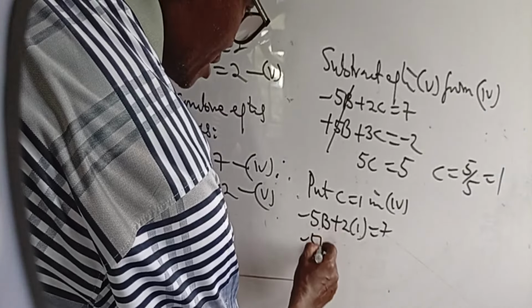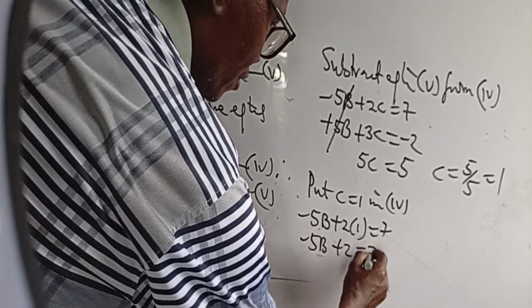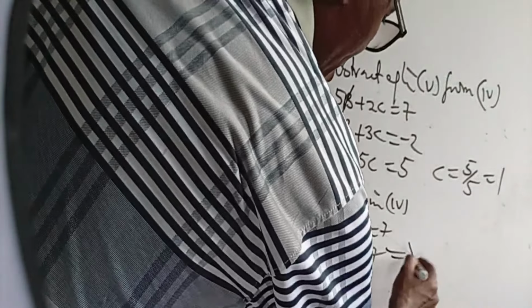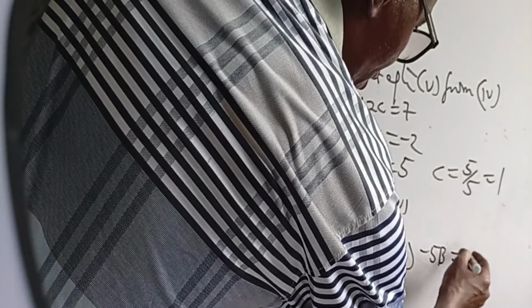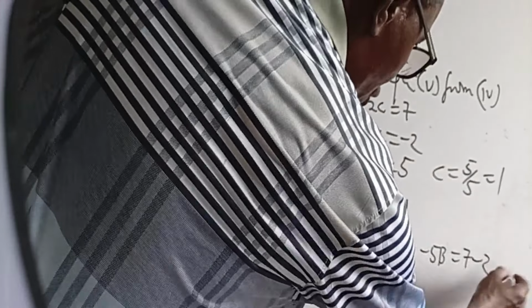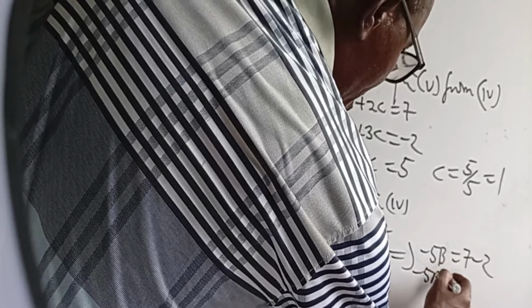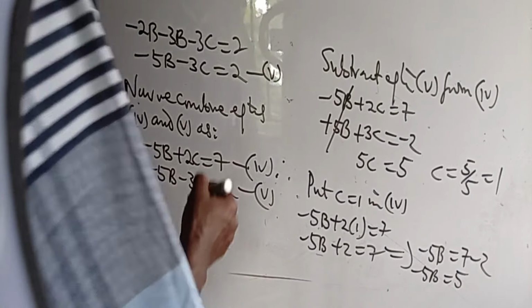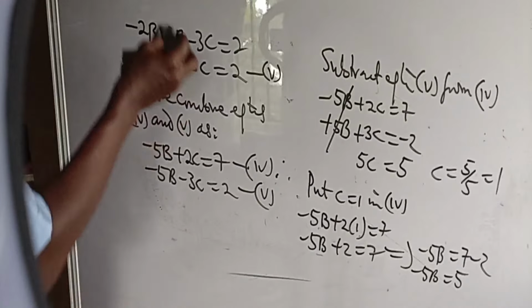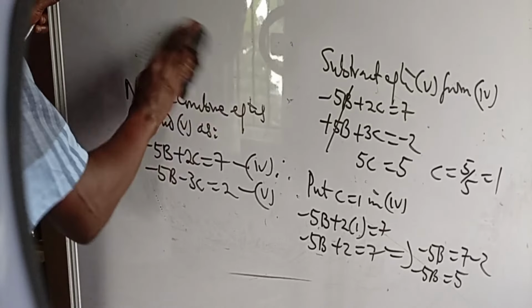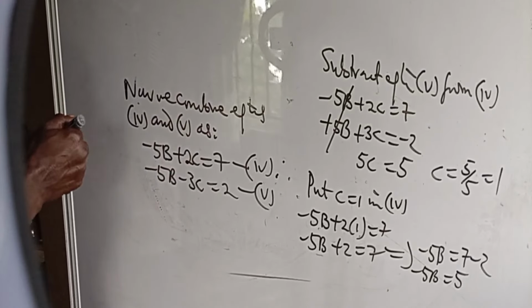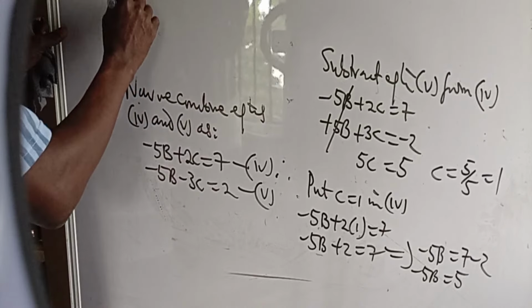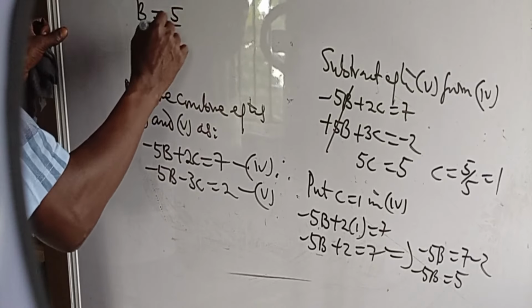Minus 5b plus 2 equals 7. This becomes minus 5b equals 7 minus 2, so minus 5b equals 5. To get b, that is very easy. Divide both sides by minus 5, so b equals 5 all over minus 5.